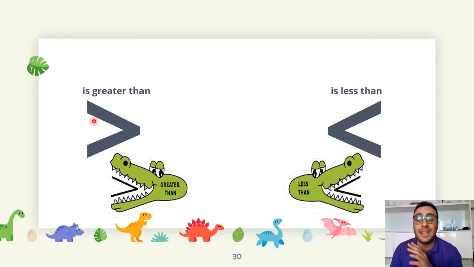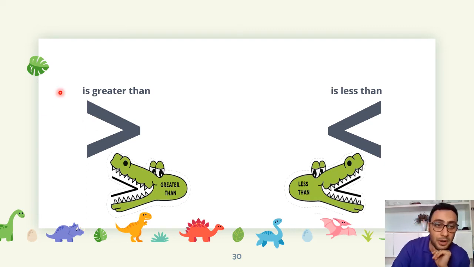So, if it's eating the left side, the number on the left, we say is greater than. But if it's eating the number on the right, is less than. Okay?